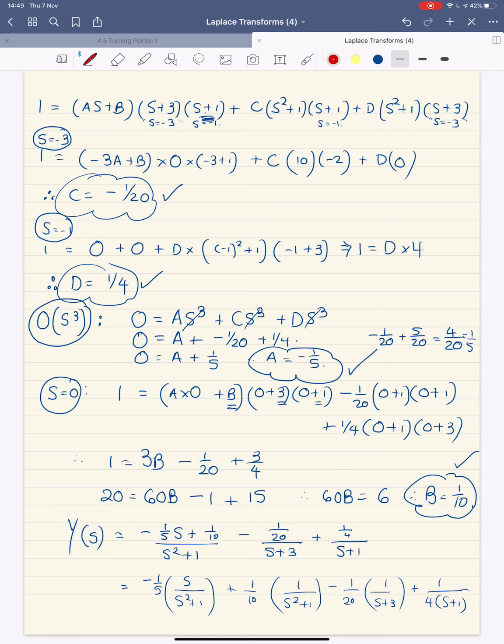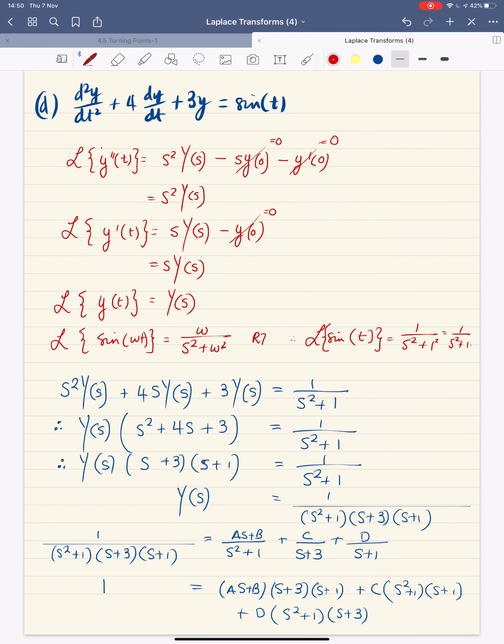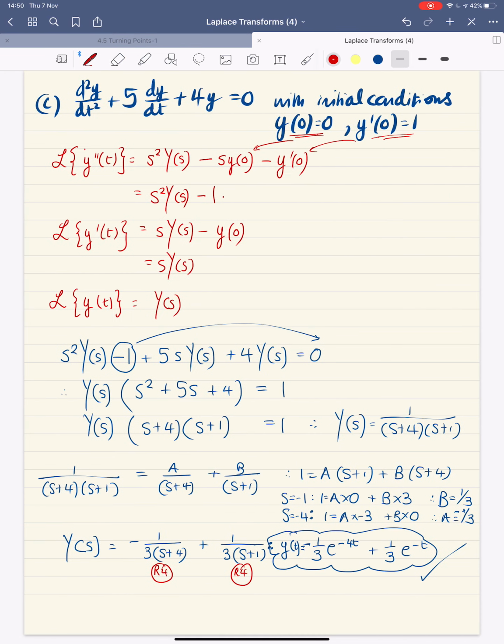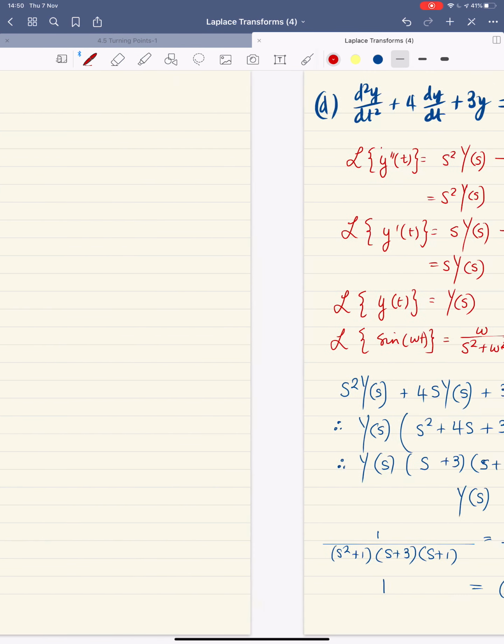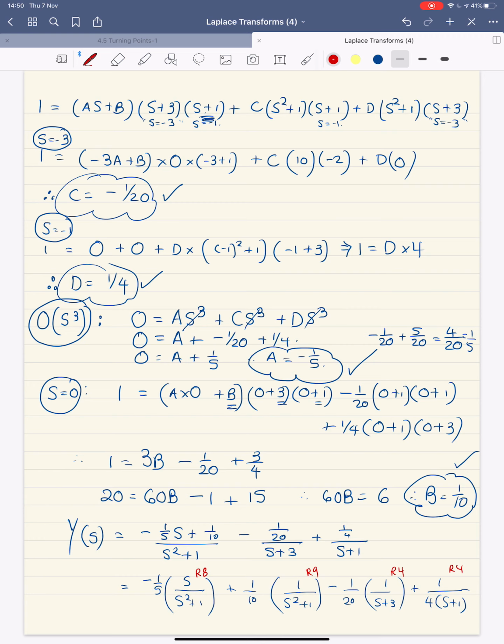Red pen now. This one is row 8, this one is row 9, and these are the ones we've had before lots of times, row 4. Yeah, it's row 4.